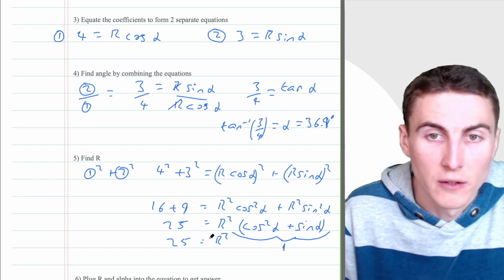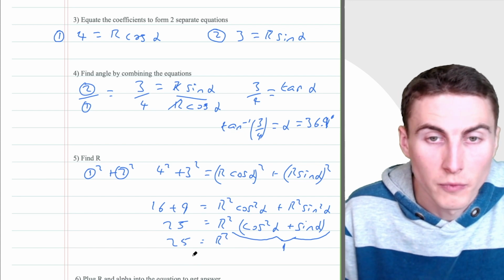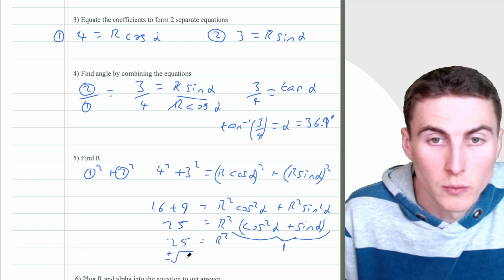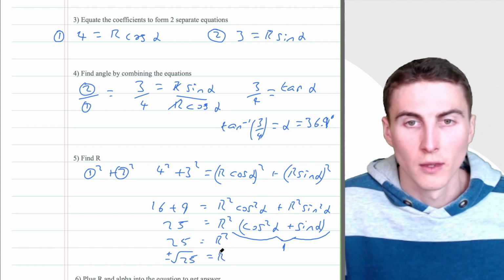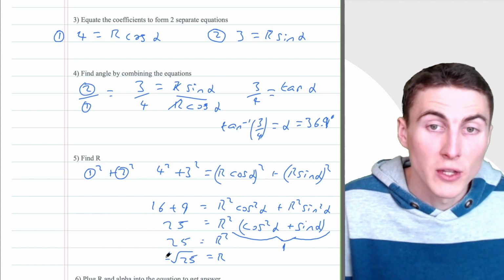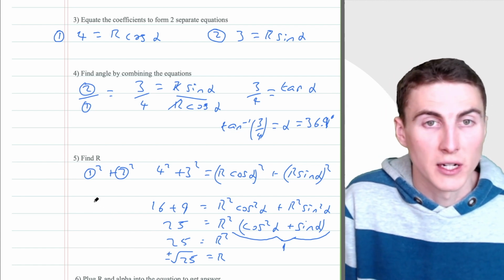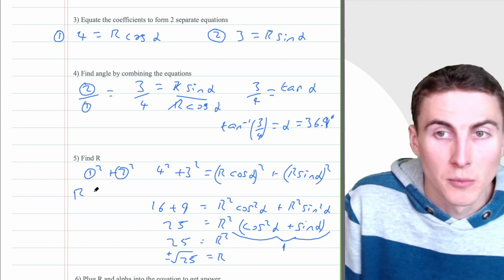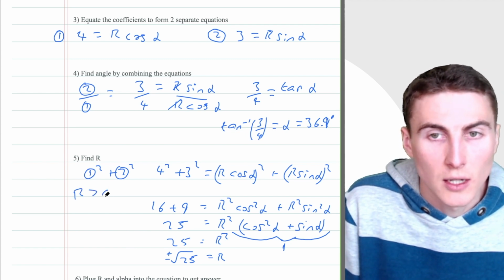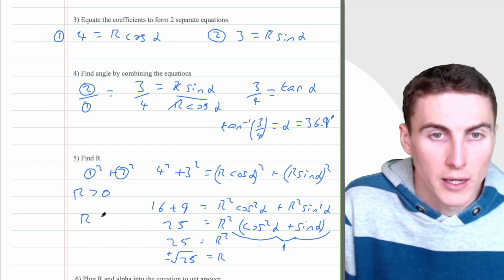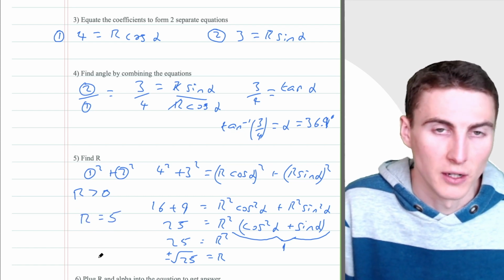Which means we can square root both sides to find that plus or minus 5 equals r. And basically, I know there's a positive and a negative root there, so r could be positive 5 or negative 5. But the key thing to remember is that when we do these, we always take r as being more than 0. So actually, in this case, r is going to be positive 5.